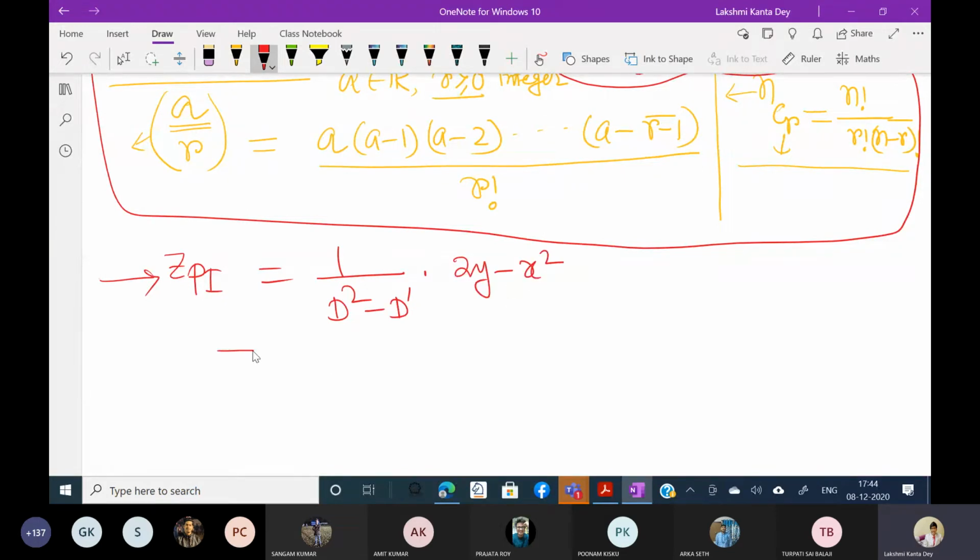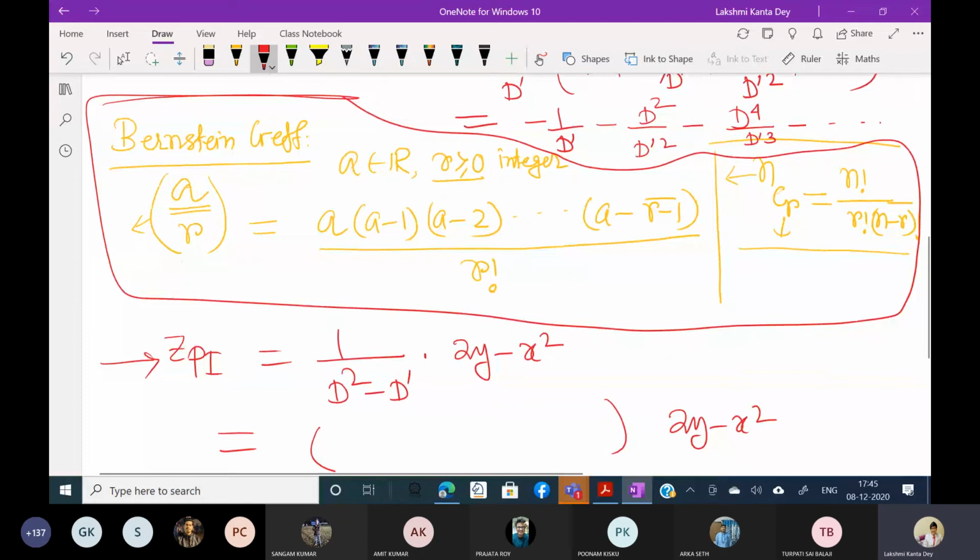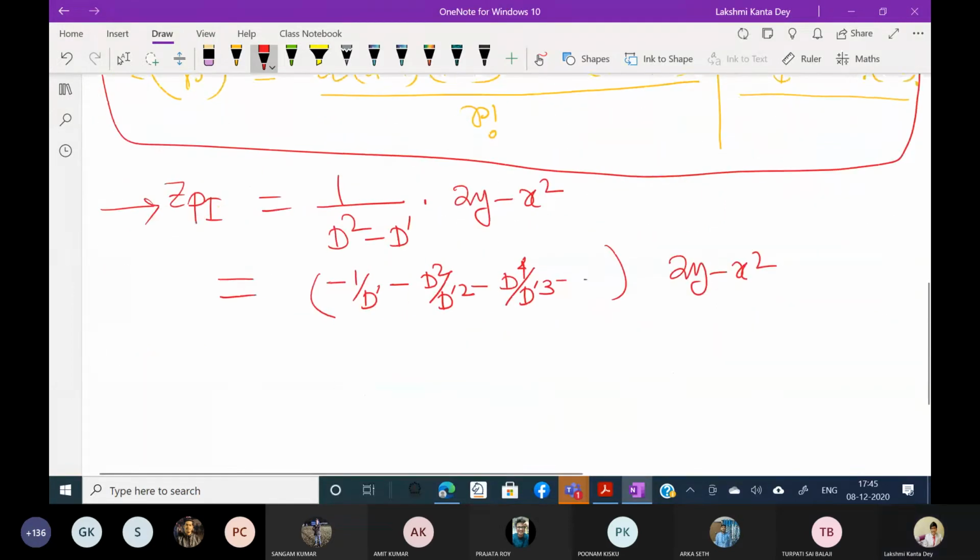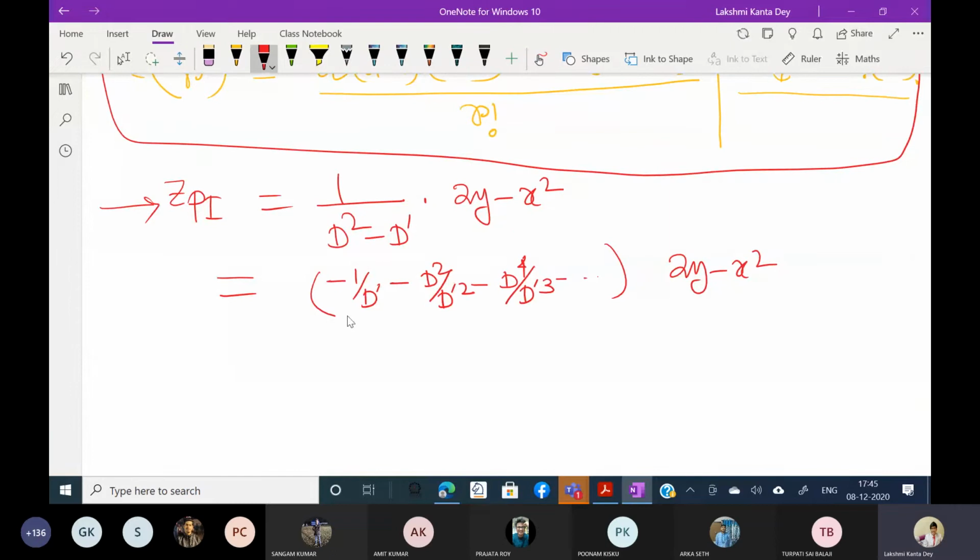So whatever terms are coming for twice y minus x square, the terms are minus 1 by d dash minus d square by d dash square minus d to the power 4 by d dash cube. In this way it goes on. Now I have to operate this thing with this total thing.